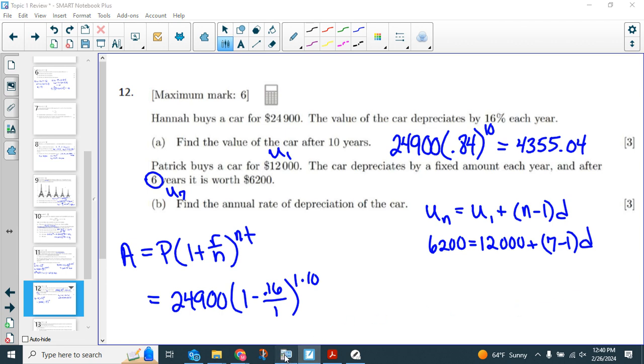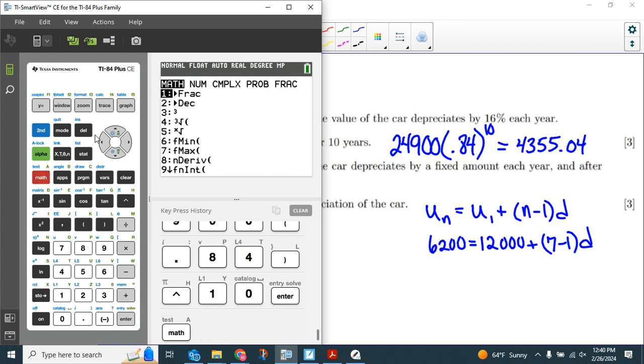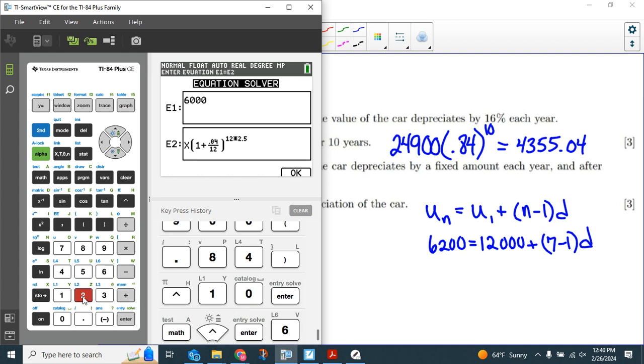Right. Again, we can just use Solver here. I know we're kind of abusing this thing, but it does save us a lot of time.